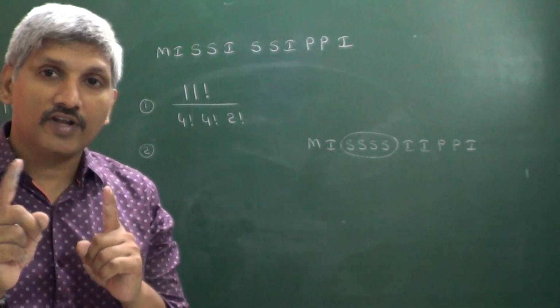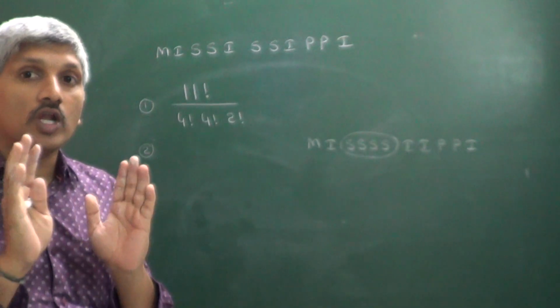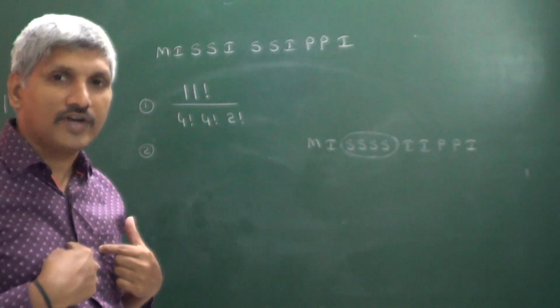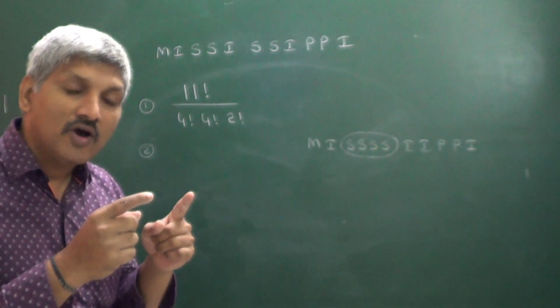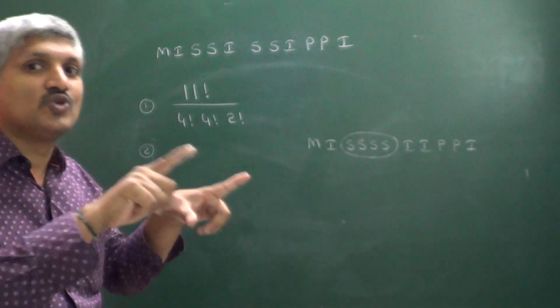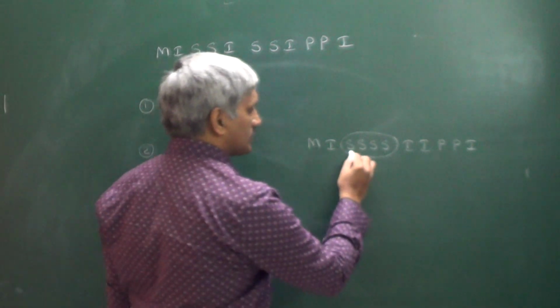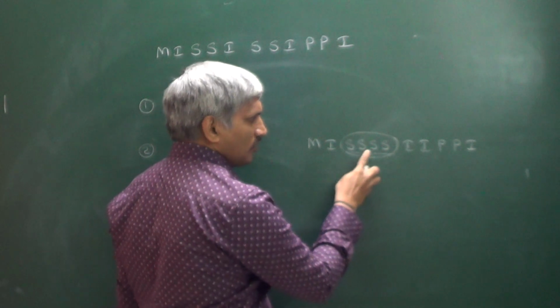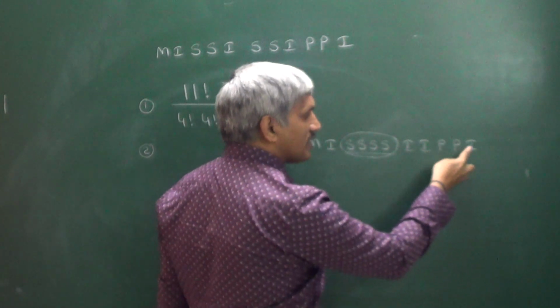To find the number of different words in which all S's do not come together, I am first finding the number of arrangements in which S's come together. So all these S's are considered as one unit. 1, 2, 3, 4, 5, 6, 7, 8.